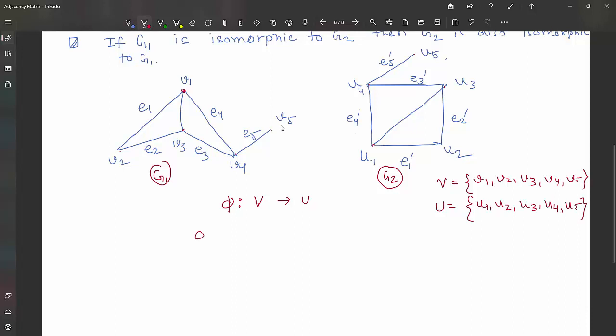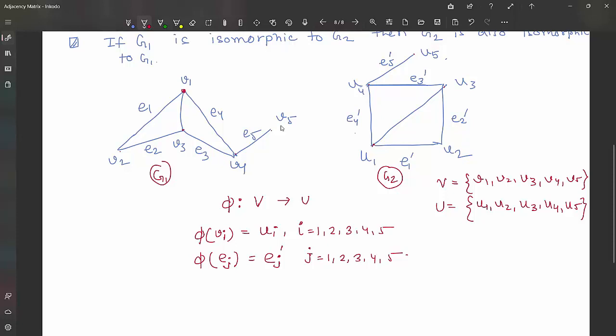If we define the function in this way, that phi of Vi goes to Ui, where i is equal to 1, 2, 3, 4 and 5, and the phi function of the edges, Ej goes to Ej prime, where j is 1, 2, 3, 4 and 5. So then you can see that there is a one-to-one correspondence between these two graphs.